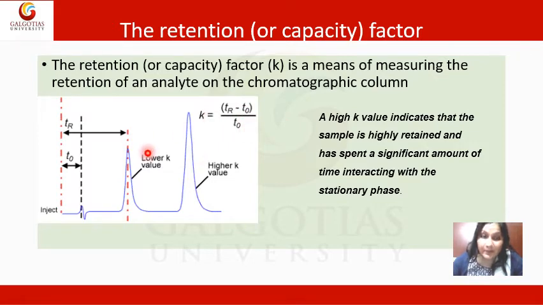Suppose your Tr value is 2. Then you will get k is equal to 2 minus 1 by 1 is equal to 1. It means the lesser the value of Tr, the lesser the value of k, and the greater the value of Tr, the greater will be the value of your retention factor. And T naught, as I already told you, is the retention time of the non-retained compound with the mobile phase.